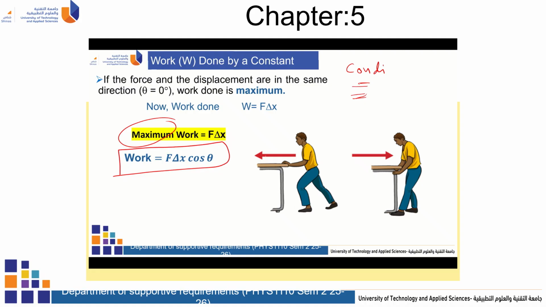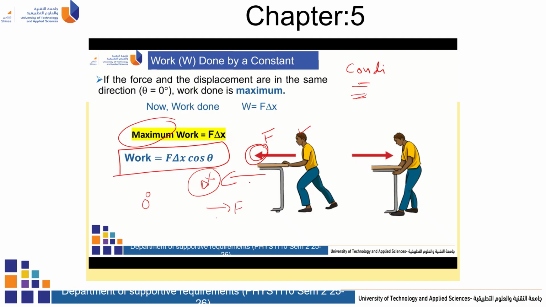The condition is shown in this diagram. The person is pushing this table. This is the direction of the force, and the table is displaced. This is the direction of the displacement. Here the angle between the force and the direction of the motion is 0 degree. They are parallel like this.